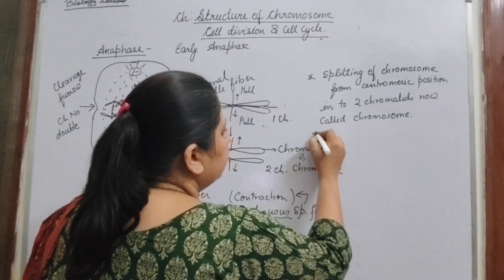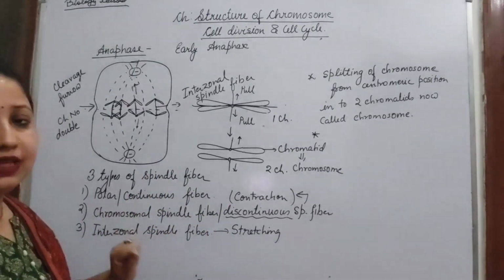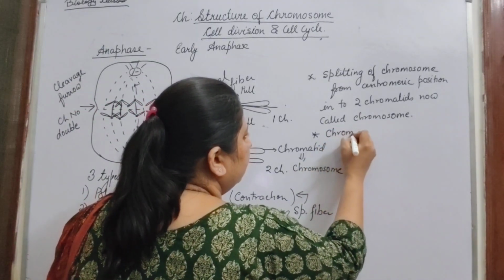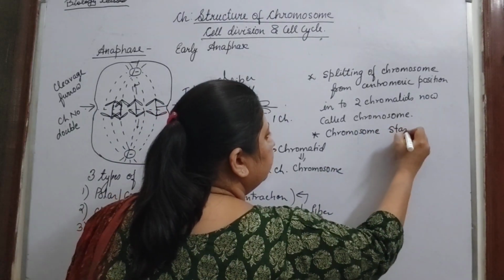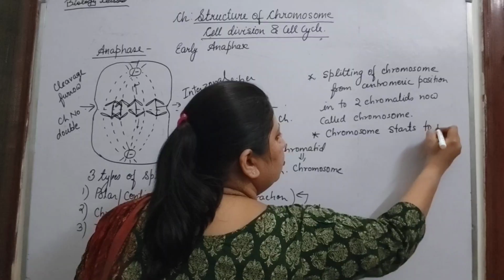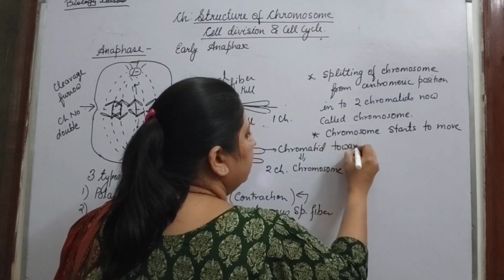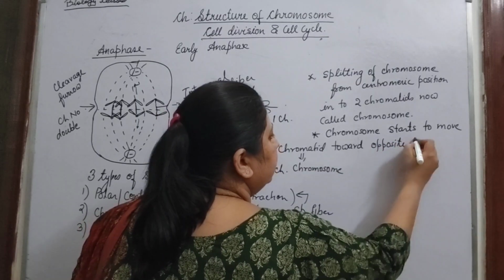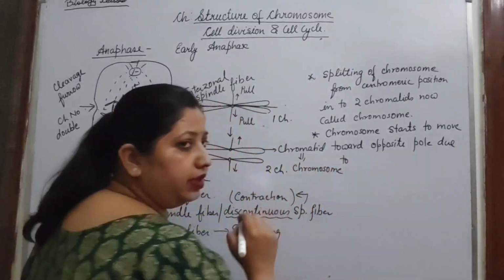The second is that due to contraction in the discontinuous fiber, the chromosome starts to move toward the opposite pole due to two reasons.